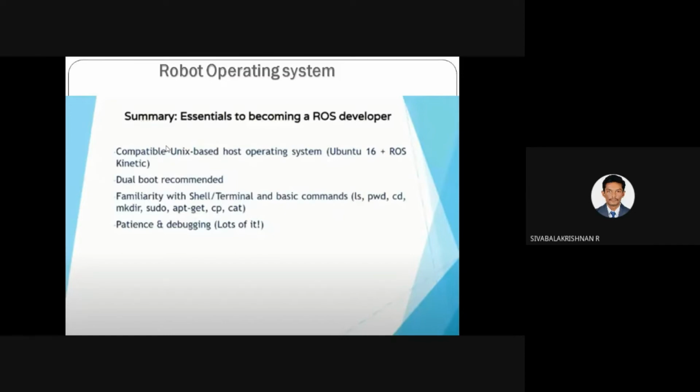You should be familiar with the common basic Linux commands: ls to list, pwd to view the path of the current directory, cd, mkdir. These are the commands used in Linux.